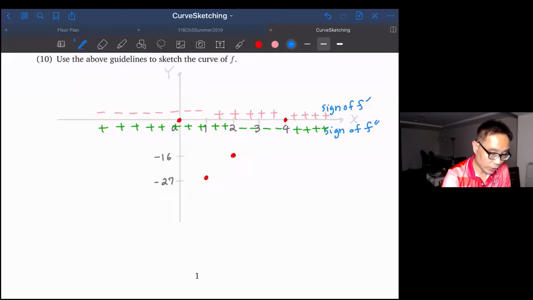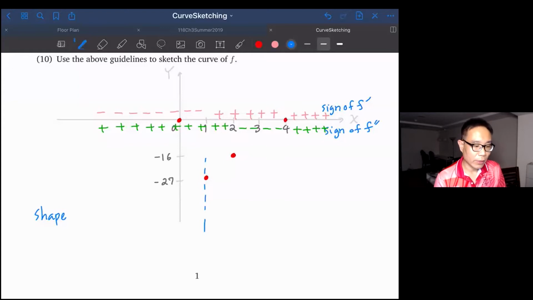So for this, okay, you're gonna get positive, negative. So I'm gonna say shape, okay. So you see the shape of the graph in this interval, negative 1 to infinity. The shape turned out to be what is called decreasing concave up.